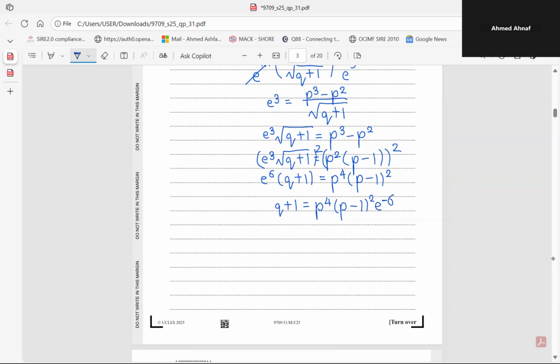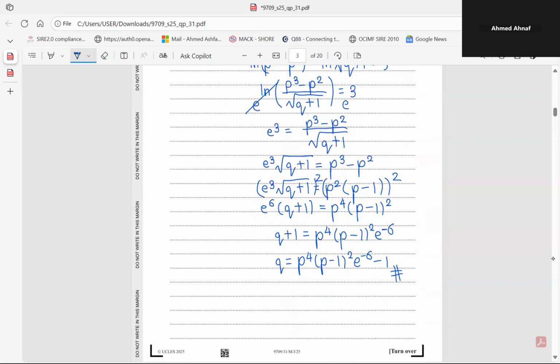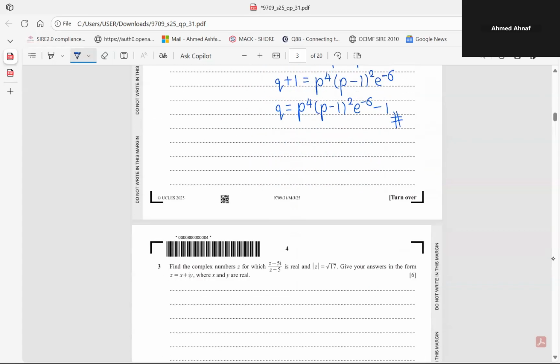Finally, to make q the subject, we subtract 1 from both sides. So hence, q equals p to the power 4 times (p minus 1) squared times e to the power of negative 6, minus 1. This is our final answer. Let's head on to the next question.